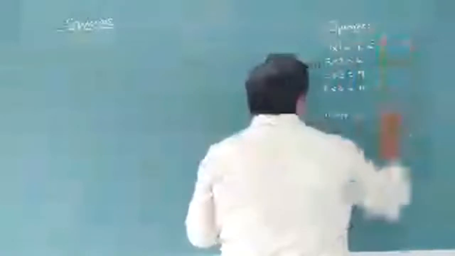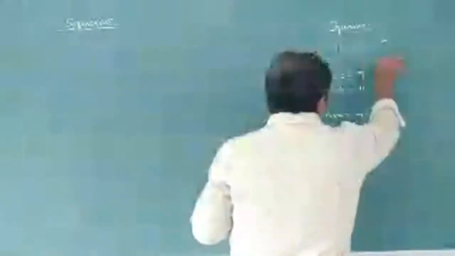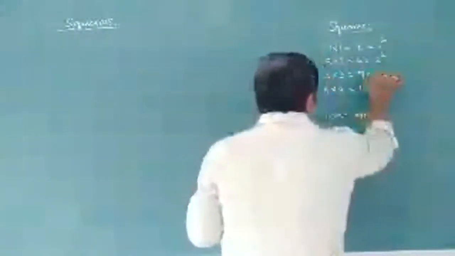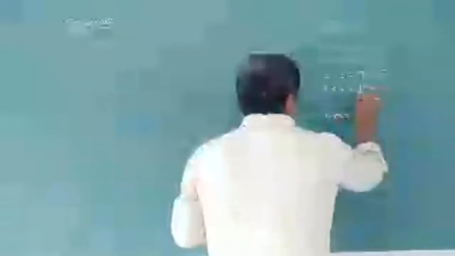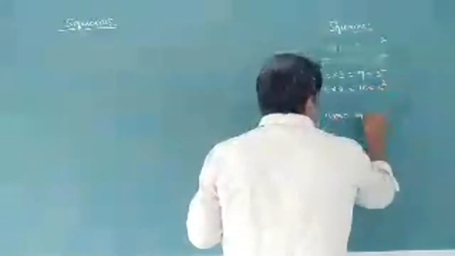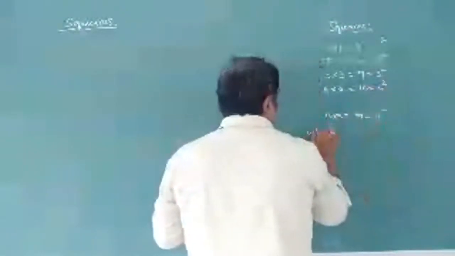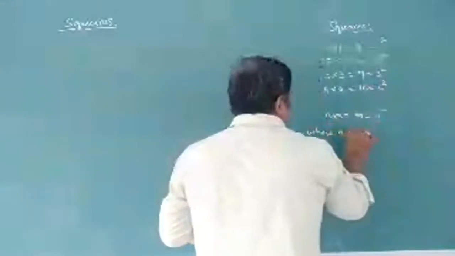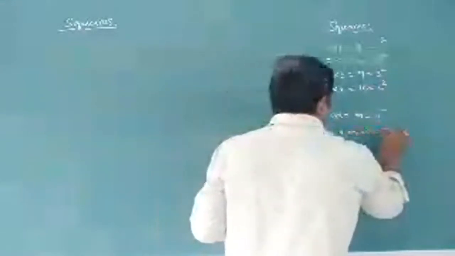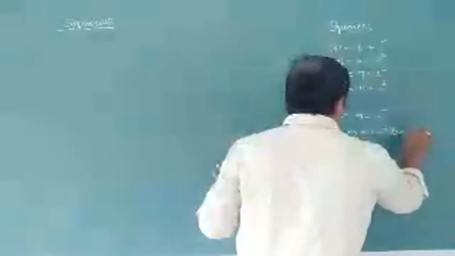And how are we going to write this? This 1 into 1, how many times are we using 1 here? 2 times. So 1 square I am writing here. 1 into 1 is nothing but 1 square. 2 into 2 we write as 2 square. 3 into 3, 3 square. 4 into 4, 4 square. Nothing but n square, where n, m are integers.